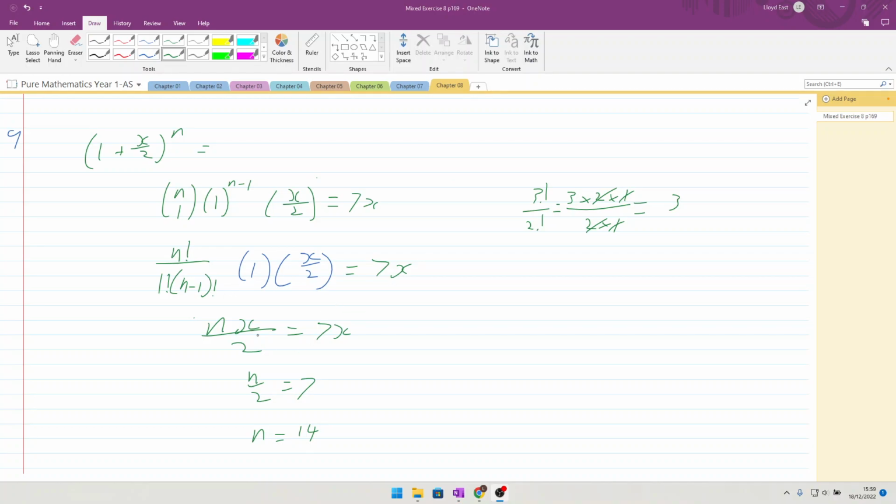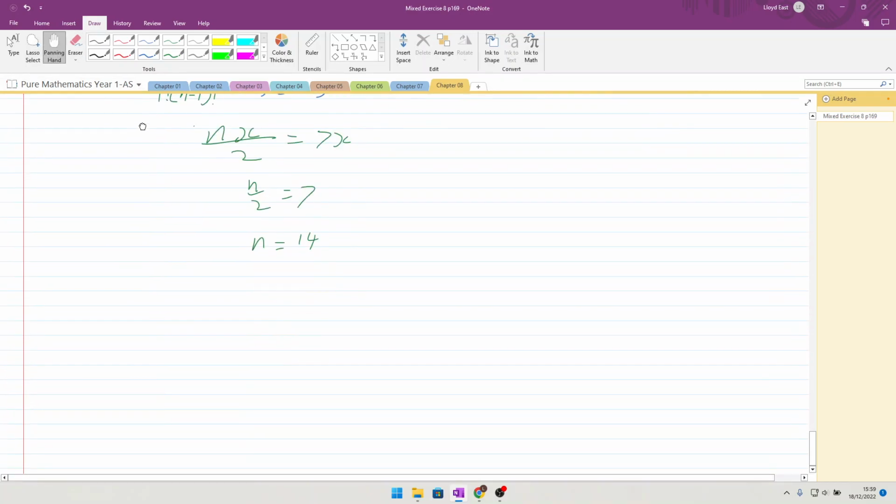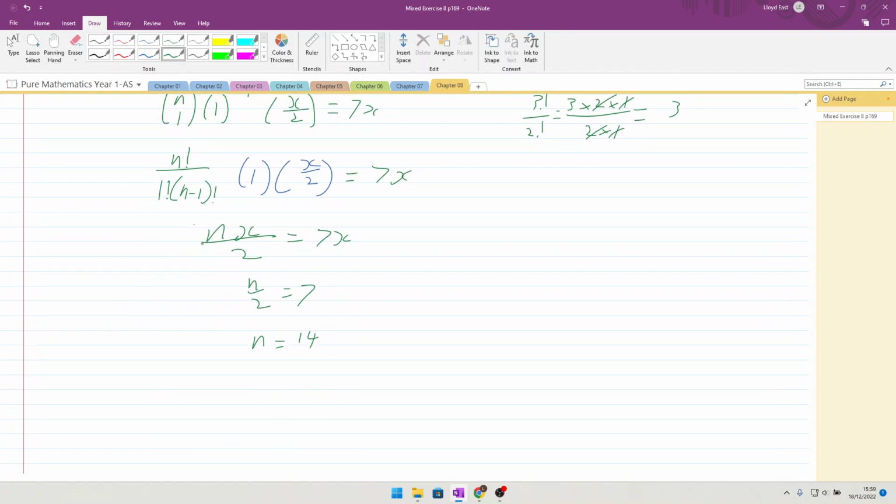But again, in good old fashion, I have looked at this and I don't want the x, it's x squared. So let's quickly rework that equation. In fact, all of that's going to be wasted work because it needs to be nC2 times 1 to the power of n minus 2 times (x over 2) squared is equal to 7x squared.